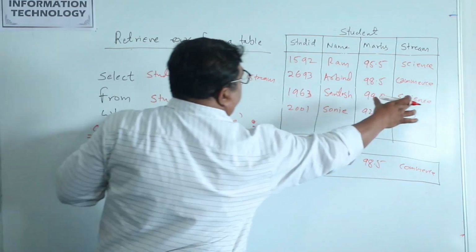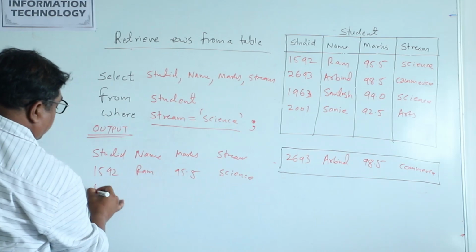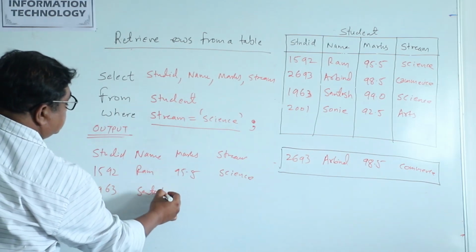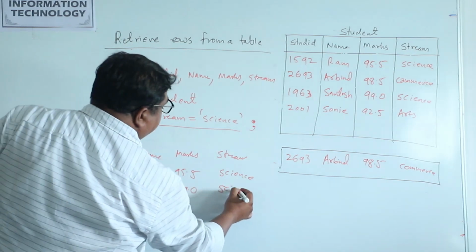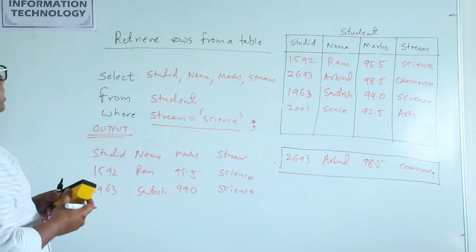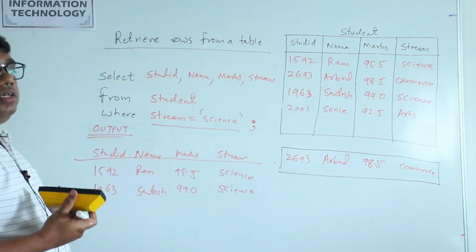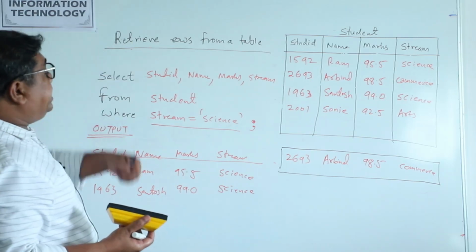Then again one row satisfies the stream as science, so it will give 1963, Santosh, 99.0 and science. So this is how we use conditions. This is how we query a table.